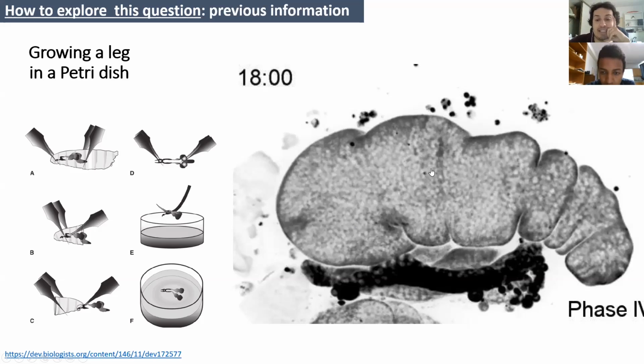I already sent an email to the lady, the author of this paper, to ask her what this is. We don't know if these are immune cells or peripodial cells only. If there is a combination of cells, this could be pieces of immune cells too that are coming to eat and destroy those cells.